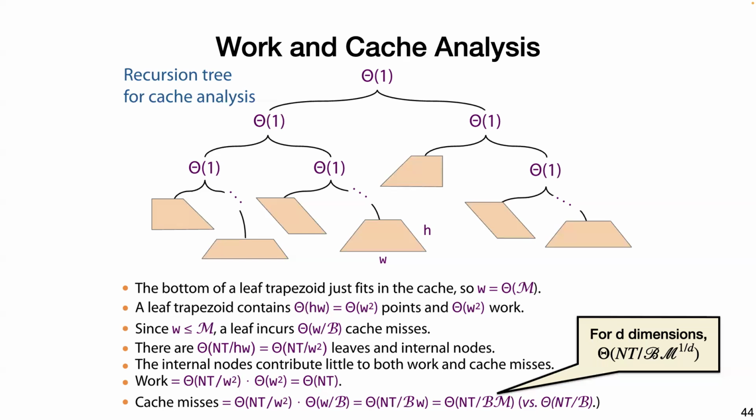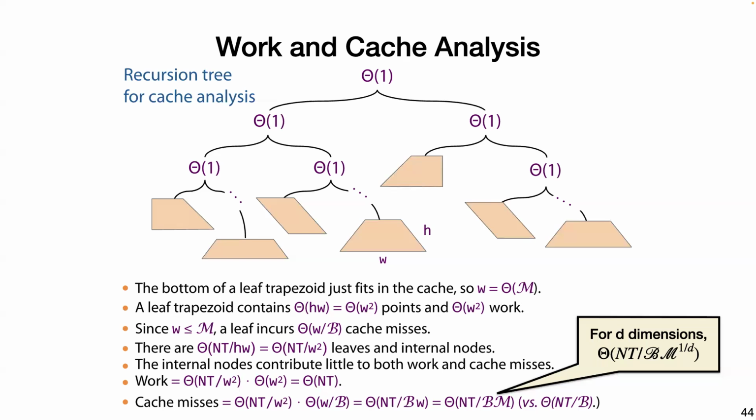Exactly. Because of the splitting, at the end, once we get to the base case, h is theta w, and vice versa. So that hw is then theta w squared. How do you know there are nt over hw? Good.